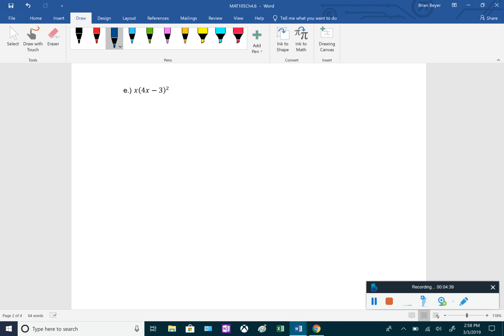Next one, we have x times 4x minus 3 squared, so obviously it gets a little bit more complicated. What I'm going to do is leave the x out front, and now I'm going to do the 4x minus 3 squared. So 4x minus 3 squared is going to be first one squared, minus, because we're subtracting here, 2 times the two terms multiplied together, plus the last one squared.